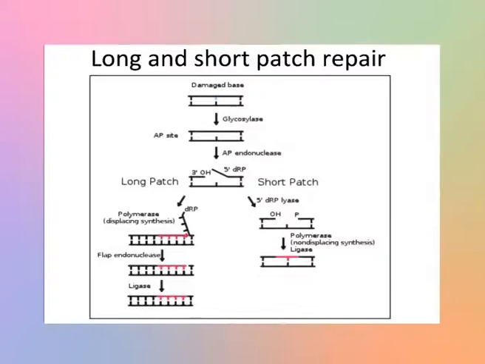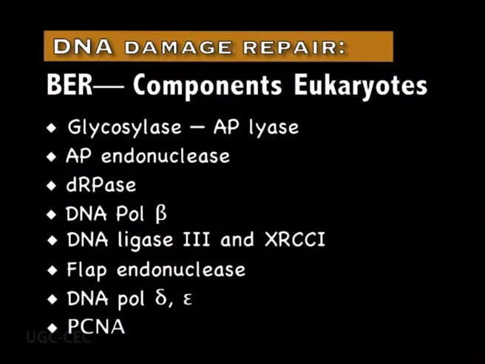If the base is getting damaged, in the case of eukaryotes either short patch repair is possible or long patch repair is also possible by this BER system. So what are the components needed? Let's talk about this.